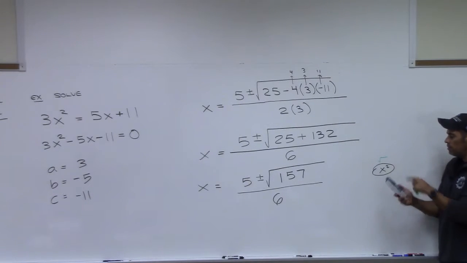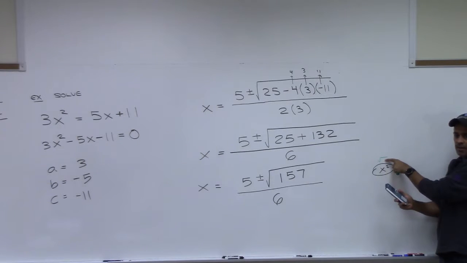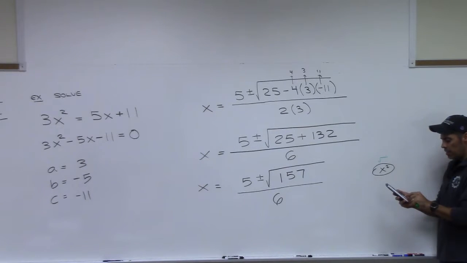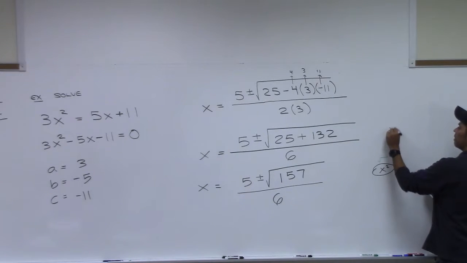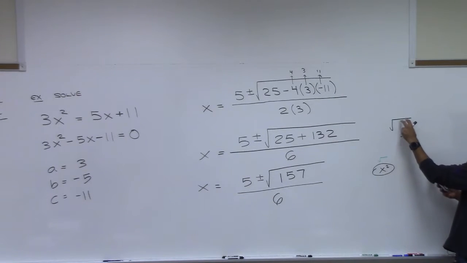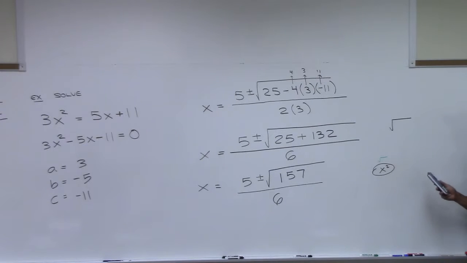That will activate all the green keys. So you hit that, then you hit the x squared key, and it should show you a square root, and inside it should be flashing. Now we're just going to type in 157, and then hit enter. And what does it tell you? Tell you what mine tells me.